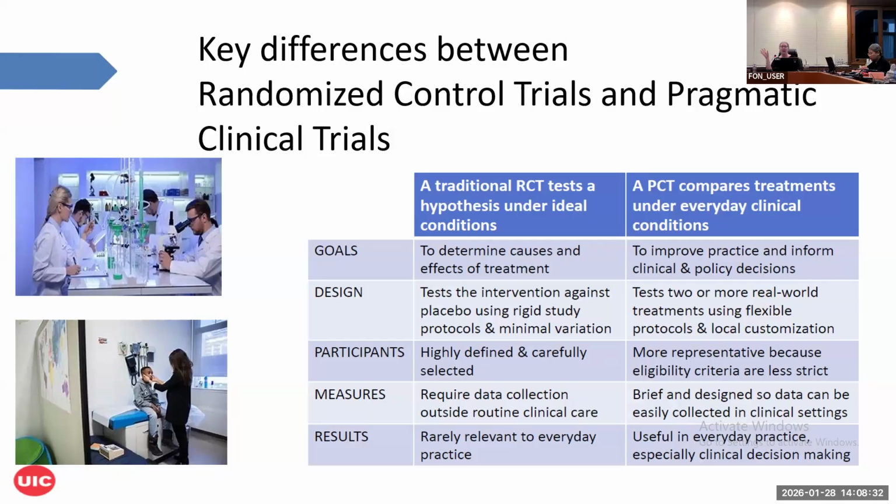However, the measures in a pragmatic clinical trial are usually quite brief if you're administering any measures at all, or they're coming from the electronic healthcare record or some other thing that's already regularly used in clinical practice, so that data can be easily collected in clinical settings and you're not doing more things outside of regular clinical setting.